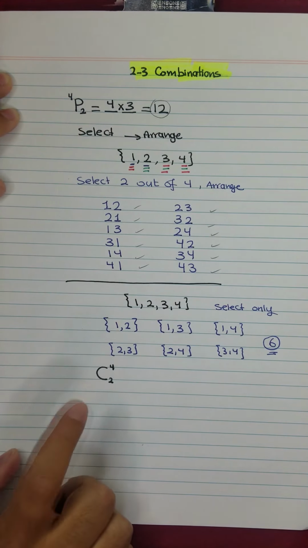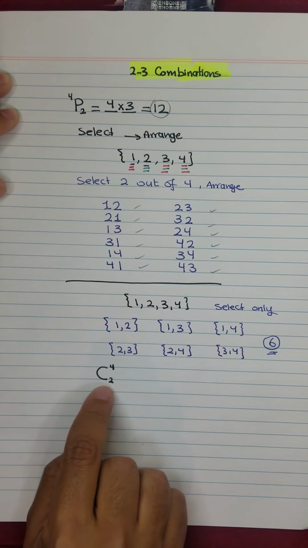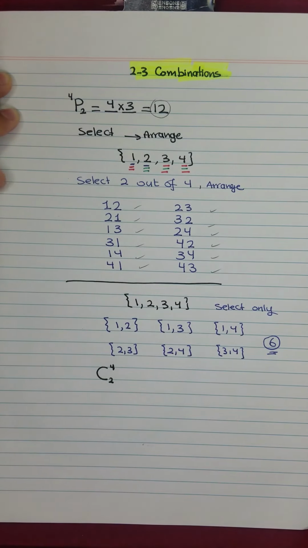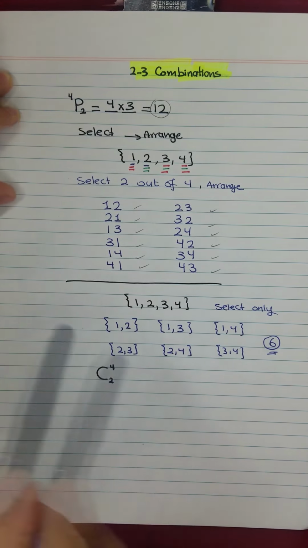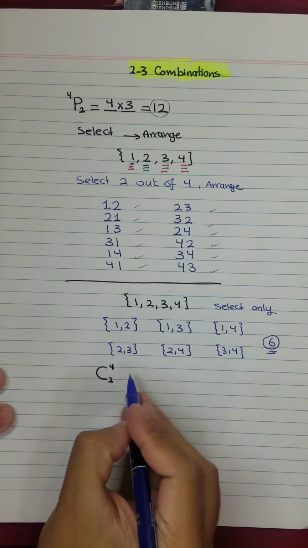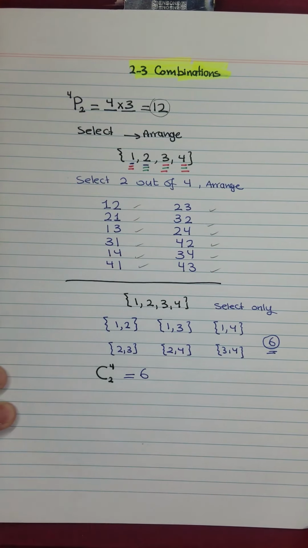But in combination, we really don't care about arrangement. All we want to do is to select two numbers out of 4. So here we expressed it as combination 4, 2, and as you can see from the example that we've just put, this is going to be equal to 6.